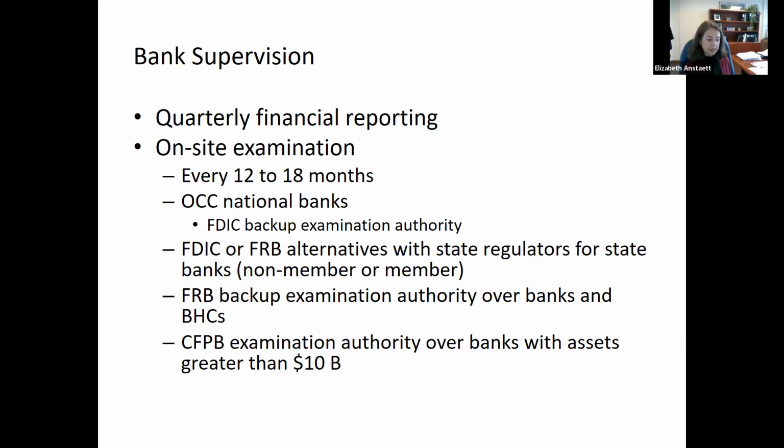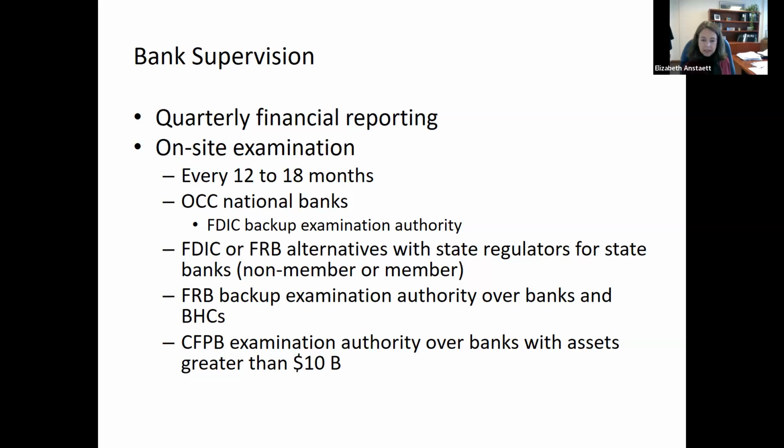holding companies. And then the final federal agency that we see with supervisory authority is the Consumer Financial Protection Bureau. And this is an interesting scenario because they have direct examination authority over banks with assets greater than $10 billion.